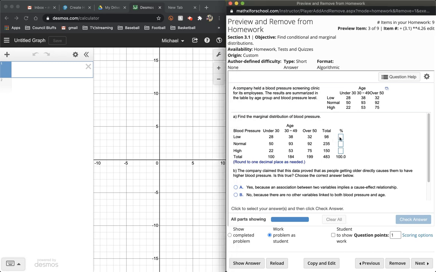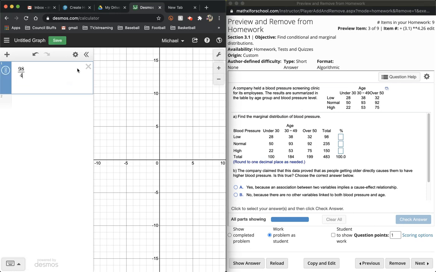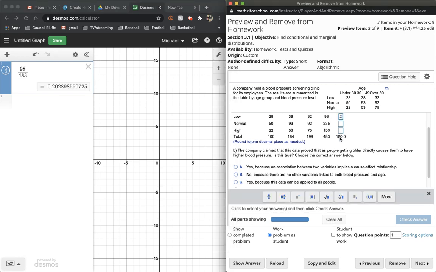So what percent had low blood pressure? That's going to be 98 out of 483, and we want to round this to one decimal place again. So that's going to be 20.3%.